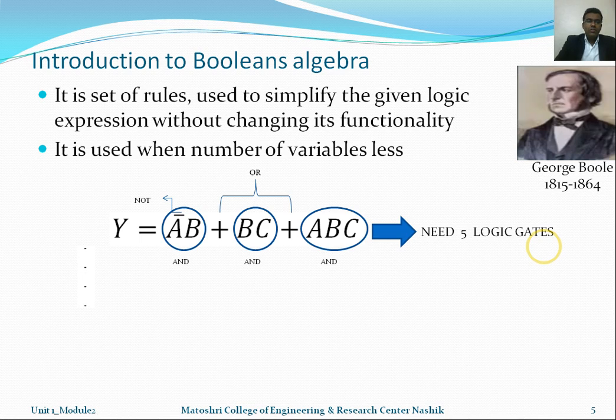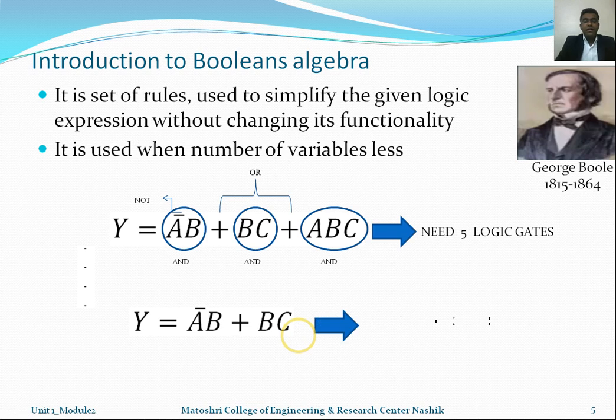After applying the set of rules, which we call the Boolean algebra rules, we simplify this complicated logic expression into a simplified logic expression like this, but without changing its functionality. So the Y value does not change, just the expression changes. That is the main thing.